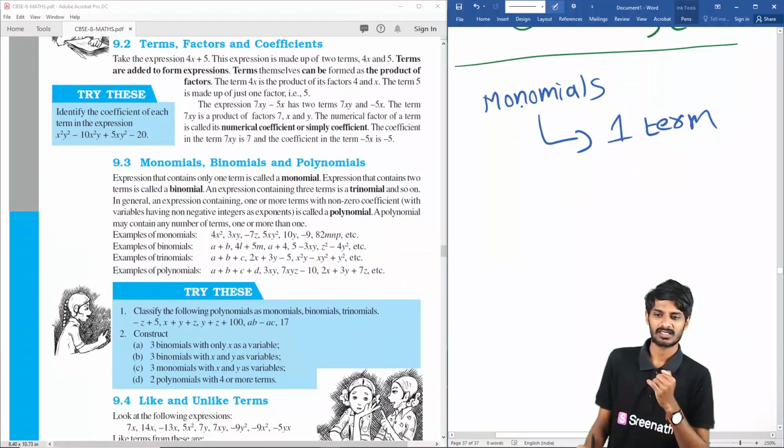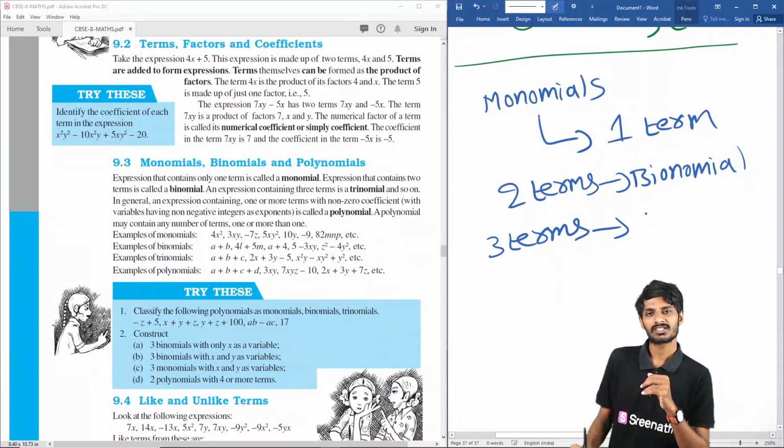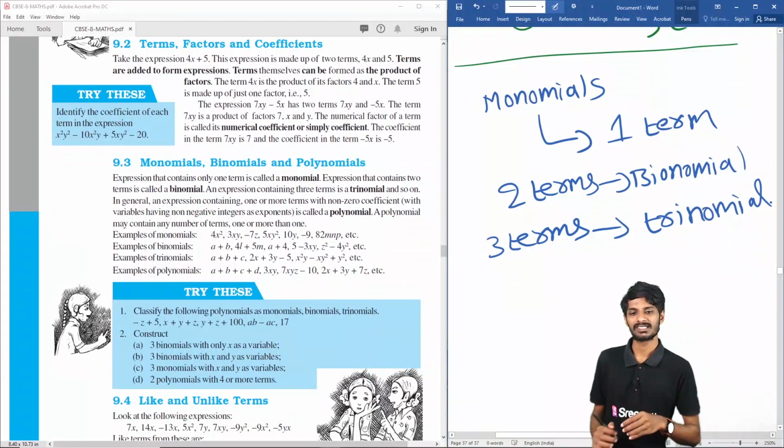Okay students, if in an expression there are two terms, then it is called a binomial. And if an expression has three terms, then it is called a trinomial.